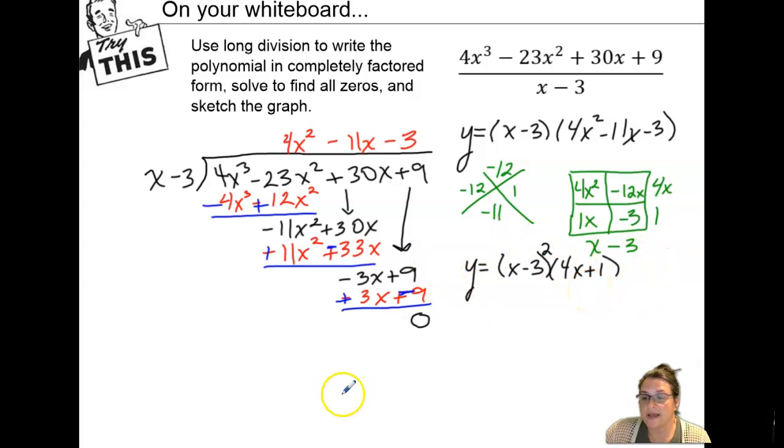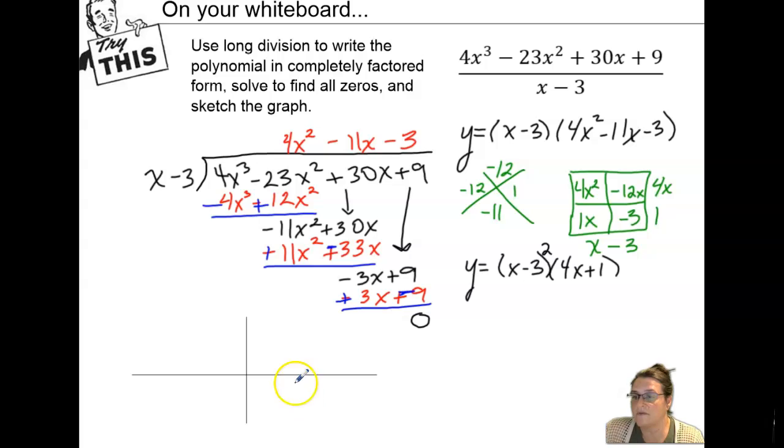So to sketch the graph, let's make a little graph here. And there we go, an x and a y axis. I have a real 0 at positive 3. So 1, 2, 3. And that would be an x-intercept.